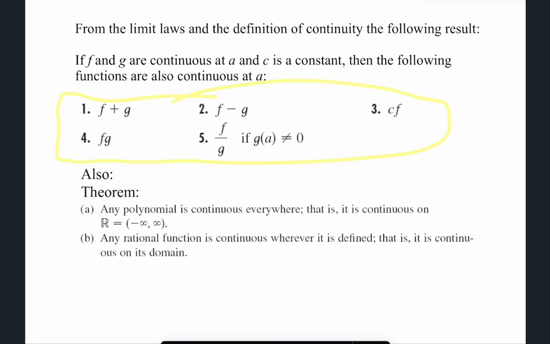The only thing is you can't divide by 0. What makes it nice then, since polynomials are always going to work and they're continuous everywhere, is that any combination of polynomials will work. That's what that last one's saying. A polynomial is continuous everywhere. A rational function only has problems where the denominator equals 0.